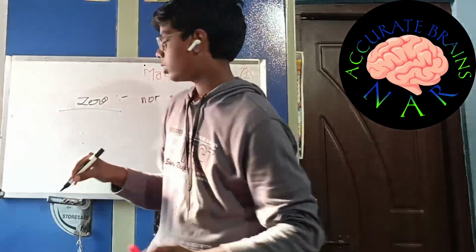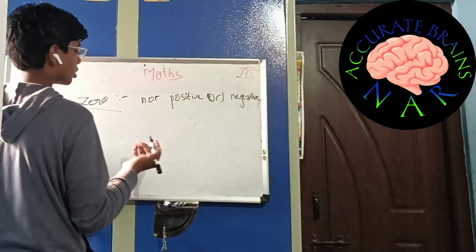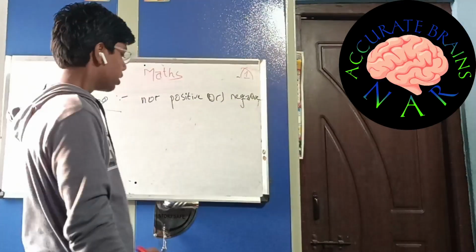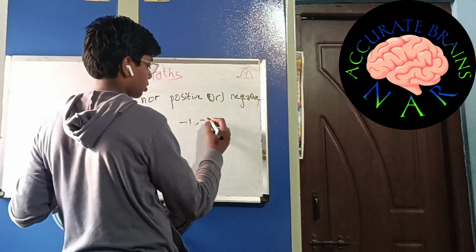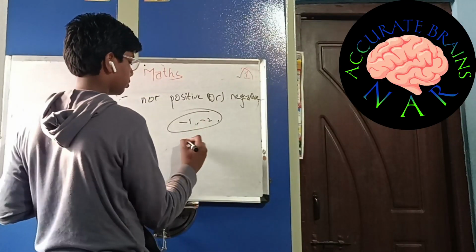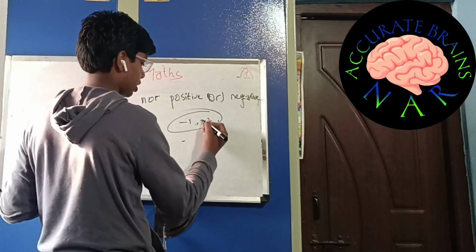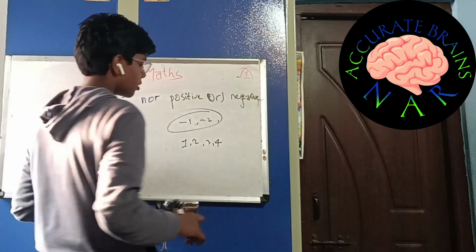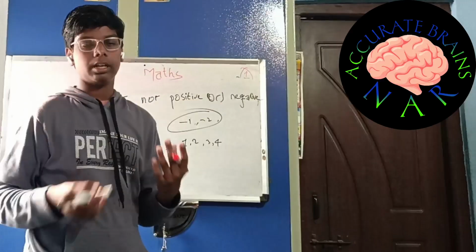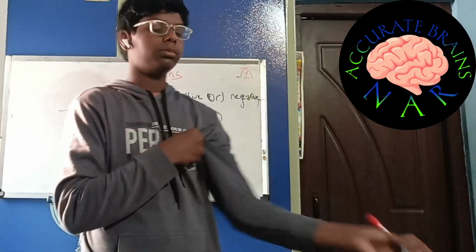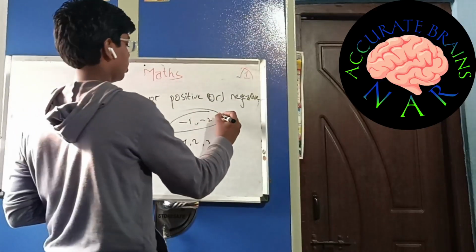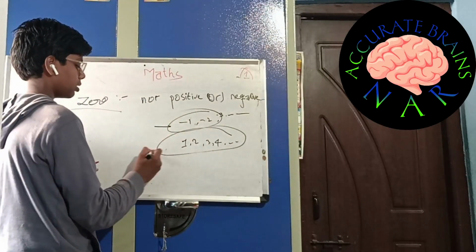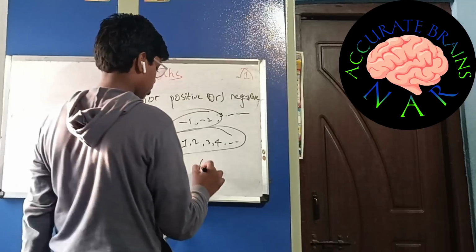If we consider 0 as neutral, then we have totally 3 types of numbers in integers, right? So 1, 2, 3, 4, 5, 6, and so on are called positive numbers, and -1, -2, -3 and so on are called negative numbers. What about 0?